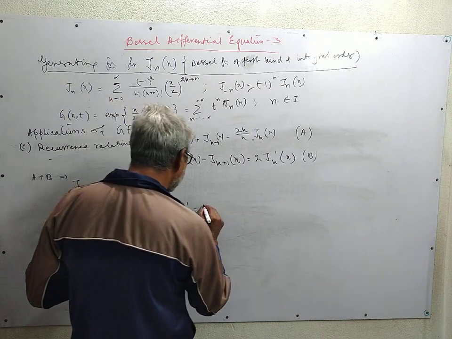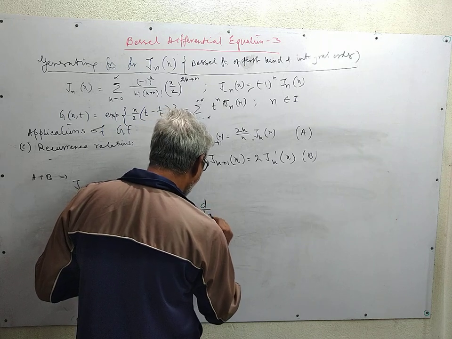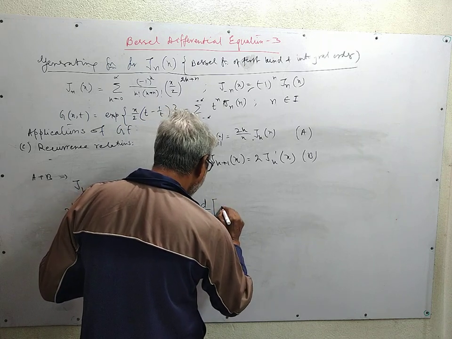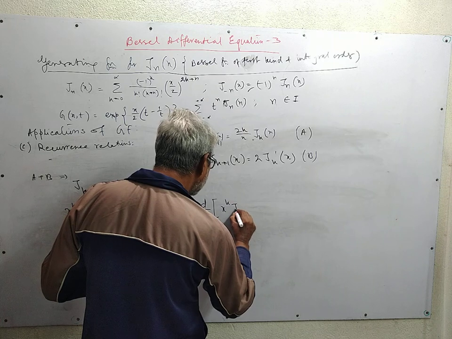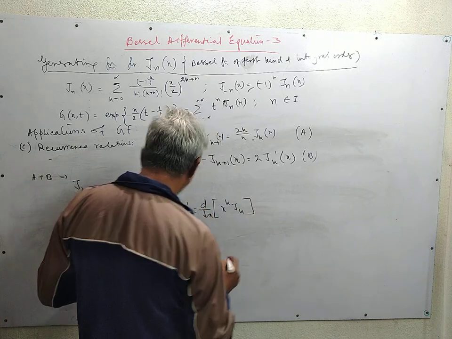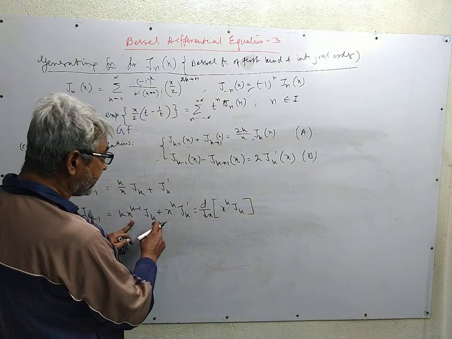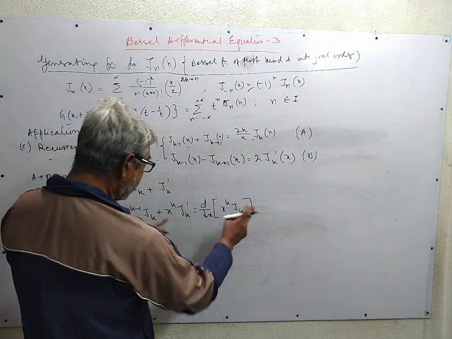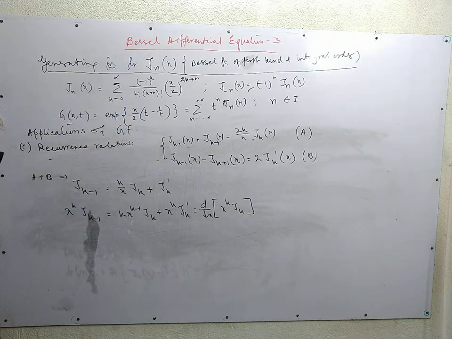This can be written as d/dx of x^k J_k(x). The first term is k x^{k-1} J_k, and the second term is this. So this is one relation.